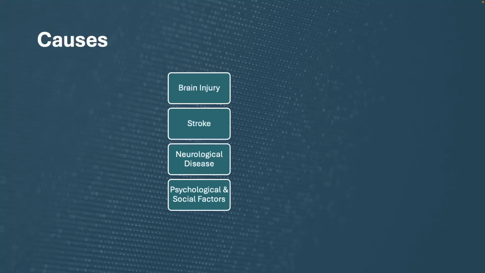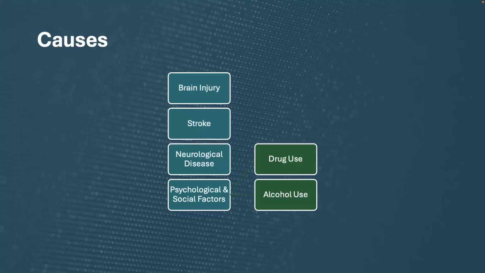These are less common, but extreme stress or psychological trauma can sometimes trigger this type of amnesia. But this is typically related to a different kind of amnesia known as dissociative amnesia. But we also have drug use and alcohol use as well that can, if prolonged in certain circumstances, lead to amnesia, particularly if it causes damage to the brain.